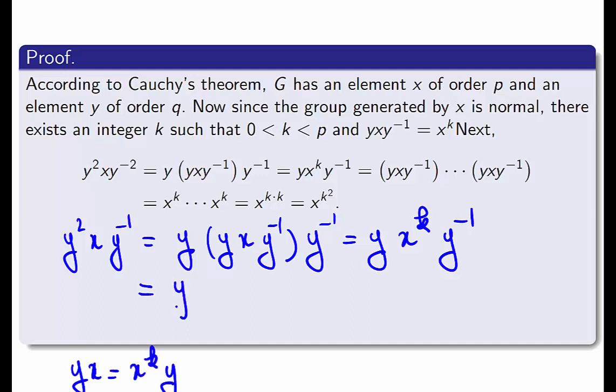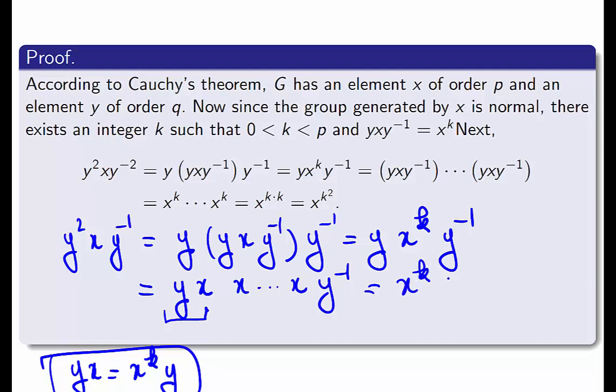So if you rewrite this as y x and then x here, y inverse, this turns into x to the k y, and then you have y minus 1, and there are k minus 1 many elements left.